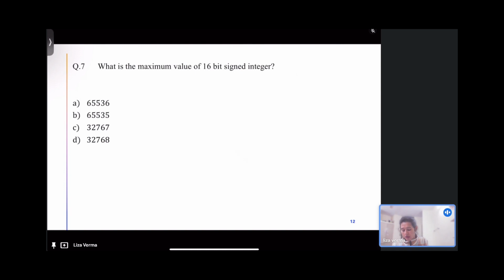First of all, we need to concentrate not on the maximum, but on the fact that the number is a signed integer, which means if it is a 16-bit number, one of the bits is reserved for the sign of the number, right?